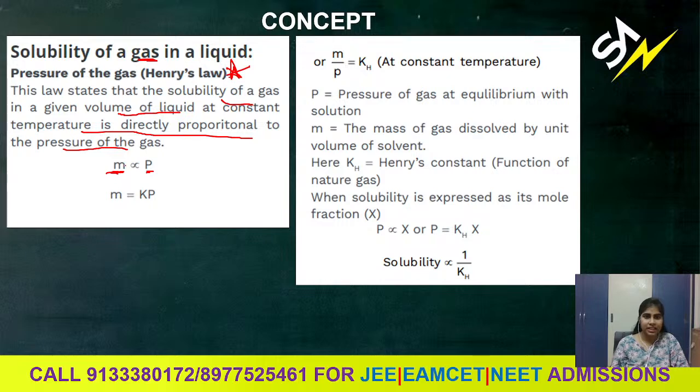The mass of the gas which we are taking is directly proportional to the pressure, that is given by M equals K times P. Here K is known as Henry's constant, or it can be given by M by P equals K_H, where P is the pressure, M is the mass of the gas and K_H is Henry's constant.